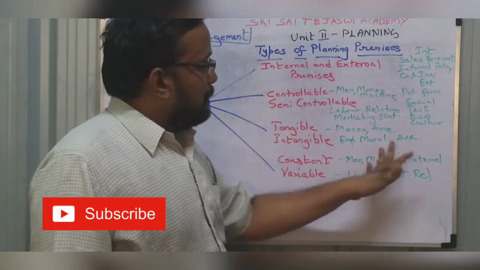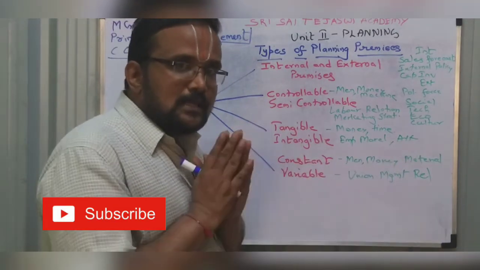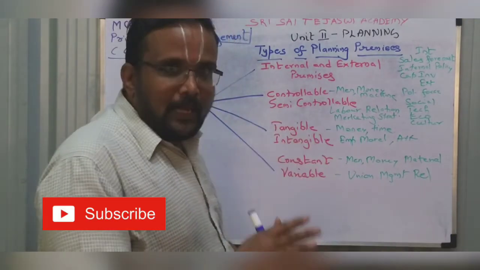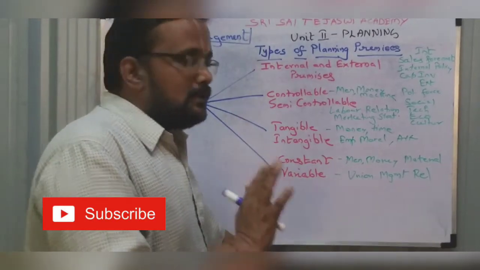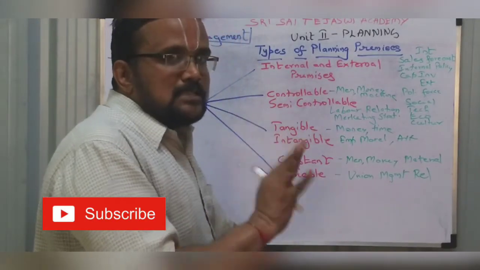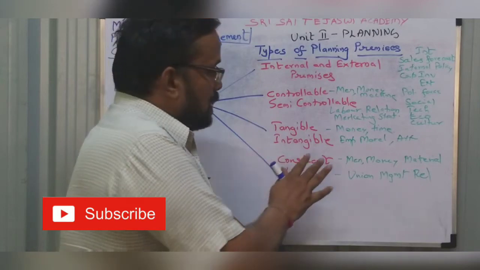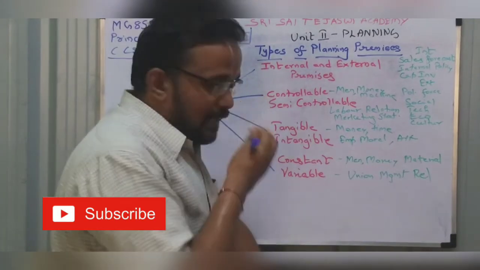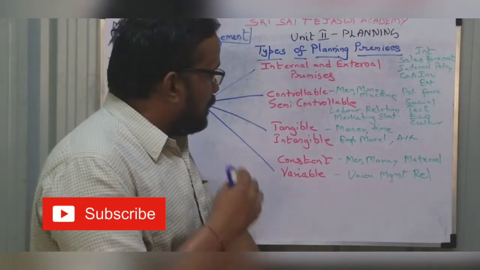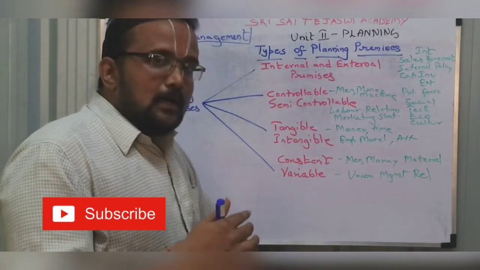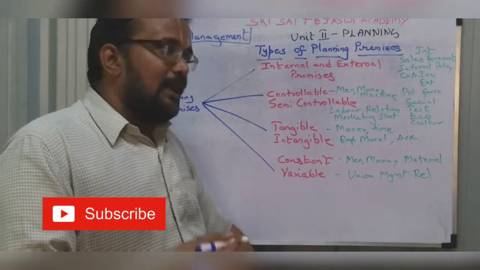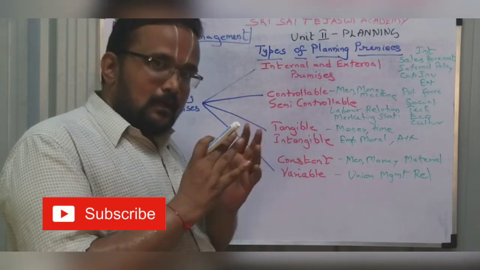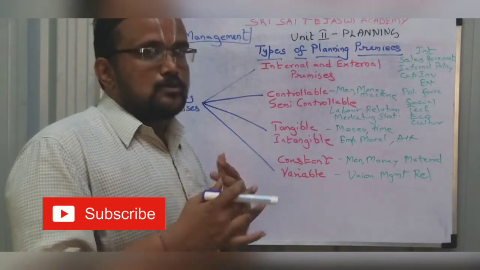Constant: men, money, and material are constant. I will always have this amount of men, money, and material with me, and I will know beforehand how much I have. Variable means union management relation is variable. Trade unions, management and labor sit and talk together and sort out the issues between them.